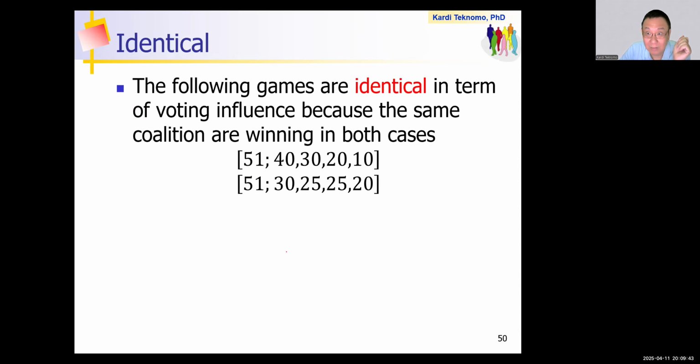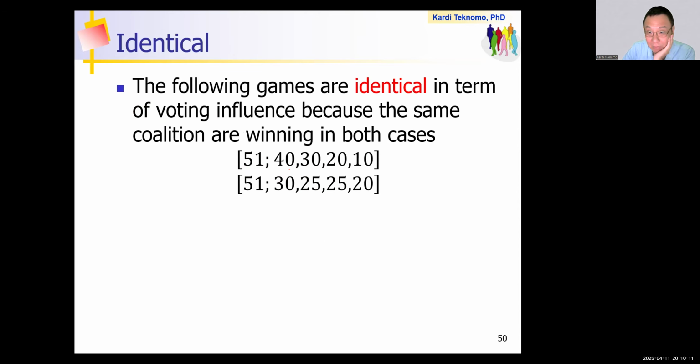So the following games are called identical in terms of voting influence because the same coalitions are winning in both cases. They are different numbers, but if you want to win 51, you need to join the same coalition.